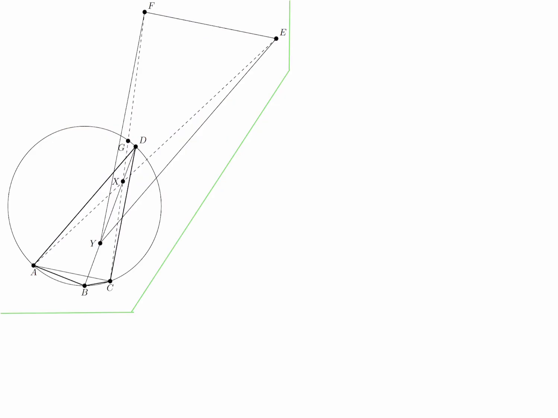This is the diagram of this question, and here we go. The first thing is, of course, we've got some similar triangle situations, and in particular triangle XEY is similar to triangle XAD. And from that, we get that XY over XE is equal to XD over XA.